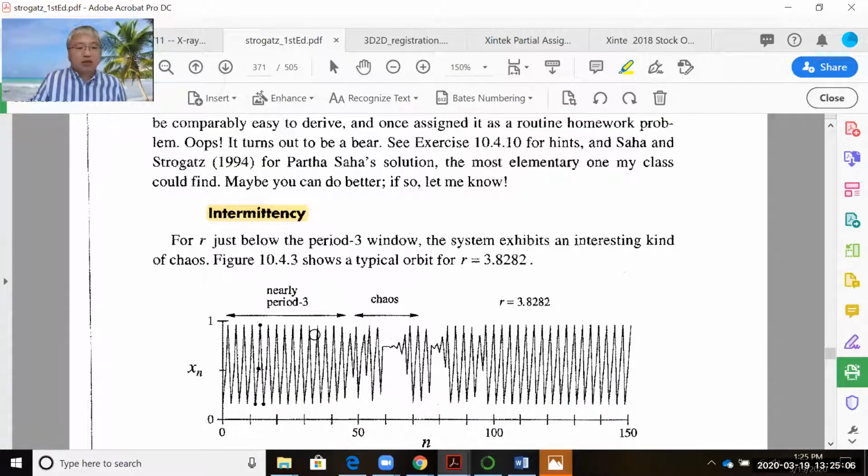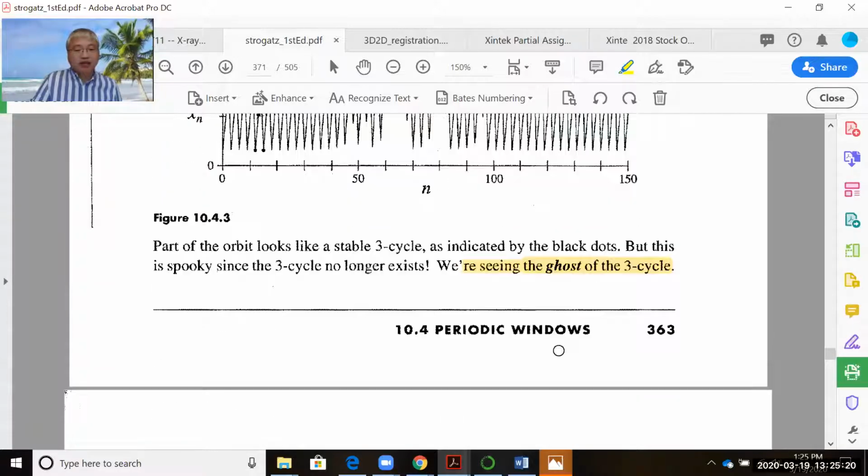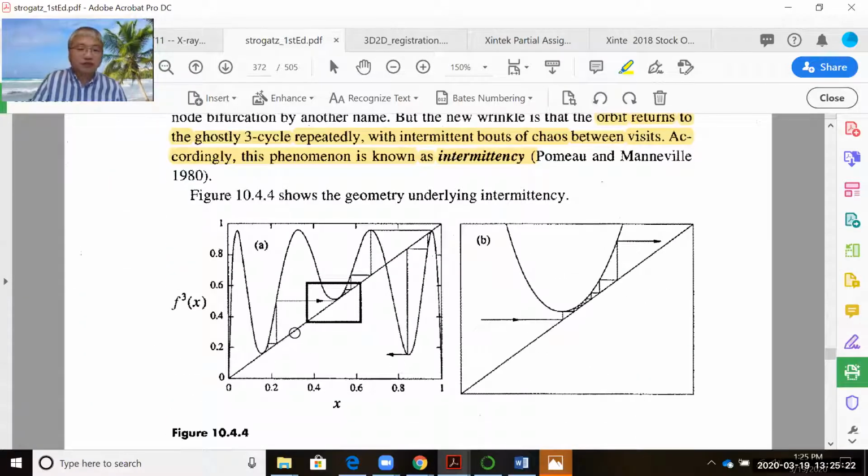Intermittency is basically this: if you look at x_n as a function of n, it looks like it's trying to be periodic, but it cannot quite hold it. Then you get some kind of random-looking behavior, and then it tries to be periodic again. That is because, if you look at this curve in this intermittent regime, it's not quite there, but if you zoom in here, you see there's a small channel. When you're stuck in this channel, in this area, it looks periodic.